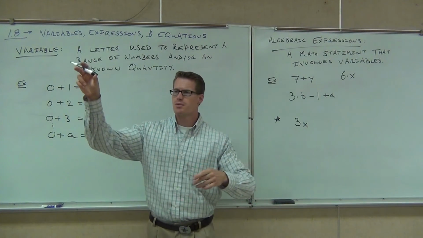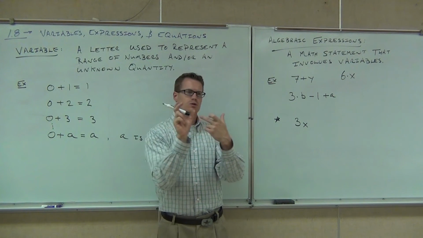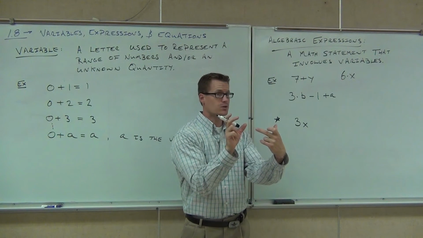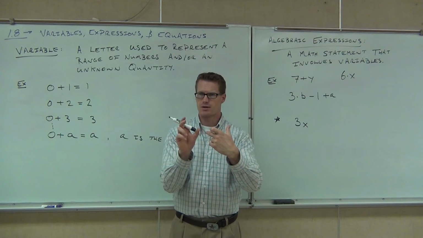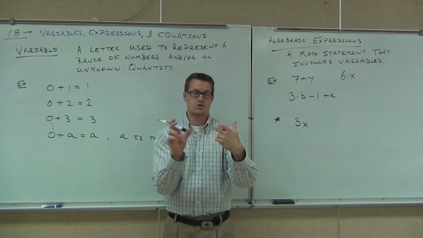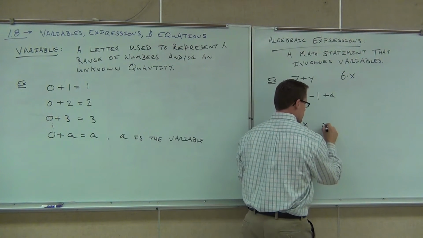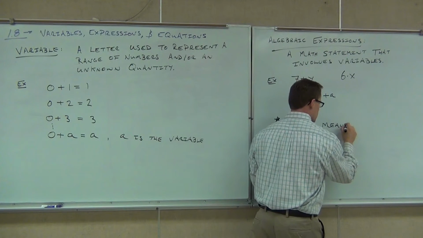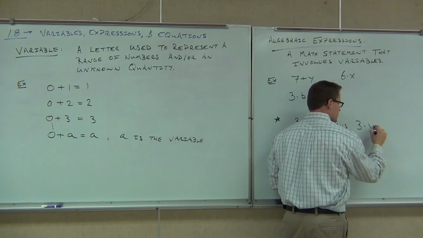Whenever you have a number next to a variable with nothing in between it, what it is implying is that you're going to multiply the 3 times whatever value you substitute into x. That's a multiplication problem right there. Nod your head if you're okay with that. That we're actually supposed to multiply there. Good, okay. So what 3 times x means, or what 3x means, is 3 times x.